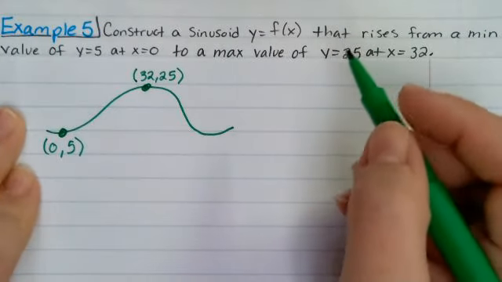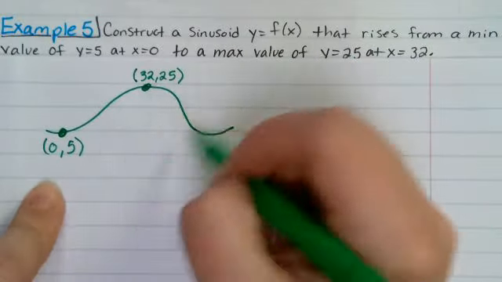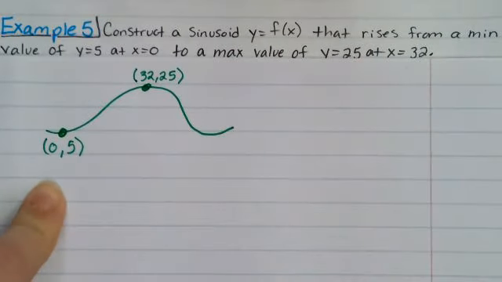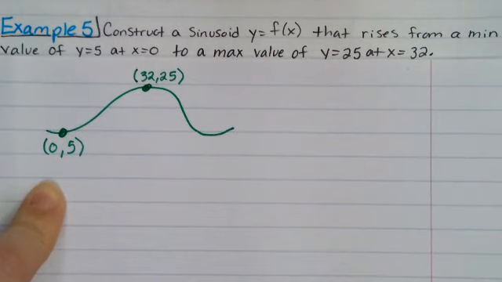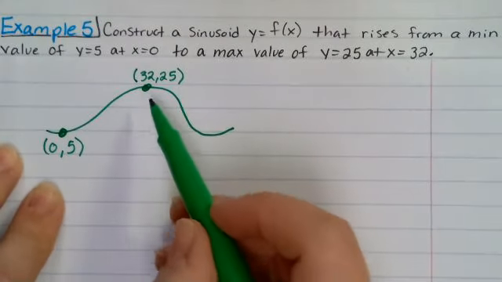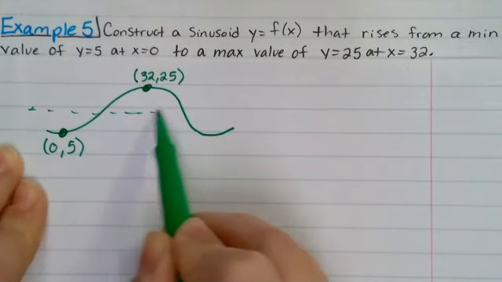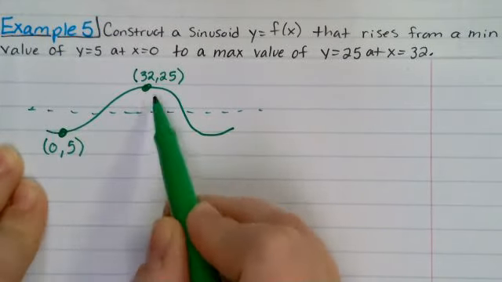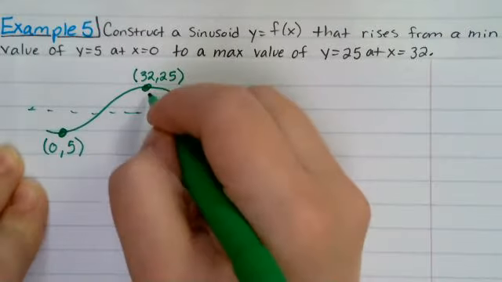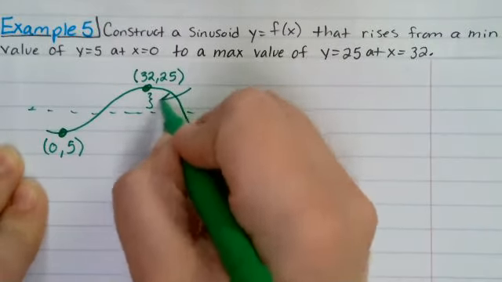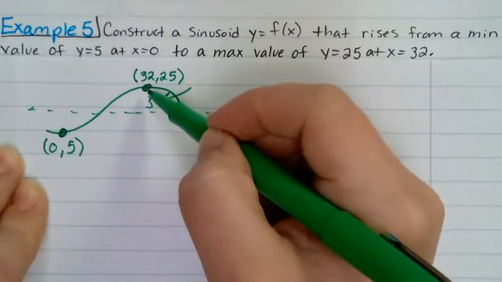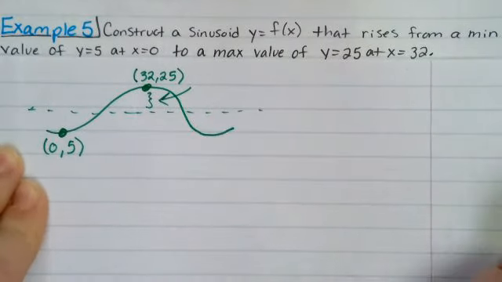So we're going to have to use what we see here to really give us the things that we need. If I can specifically find the period and the amplitude, that's a really good start, just like we had on example 4. So first thing I'm going to do is see if I can figure out what the amplitude would be, because it should be going halfway between each of these, right? The amplitude would be the distance between that max and the midline, or the min and the midline.